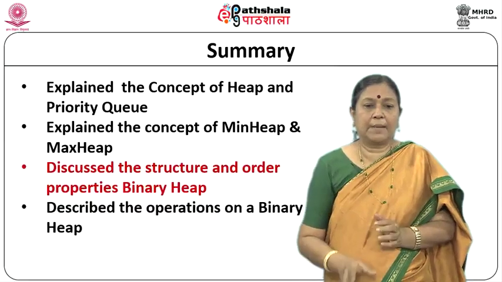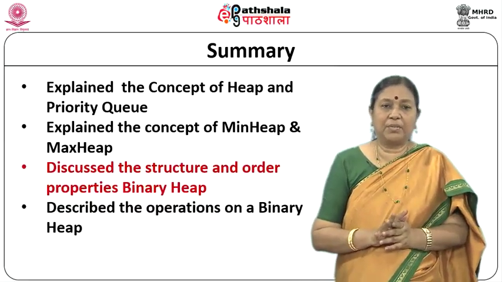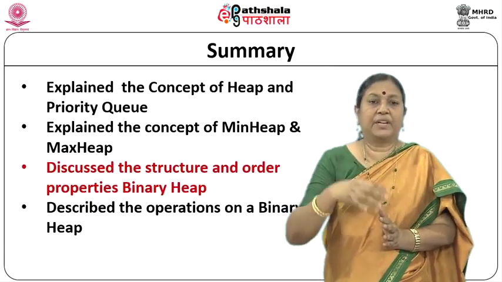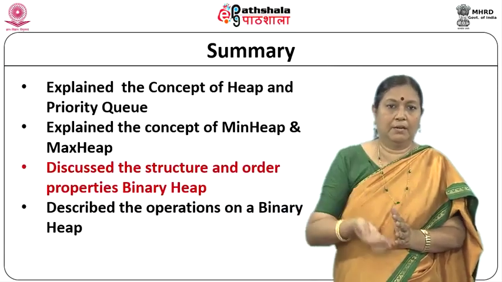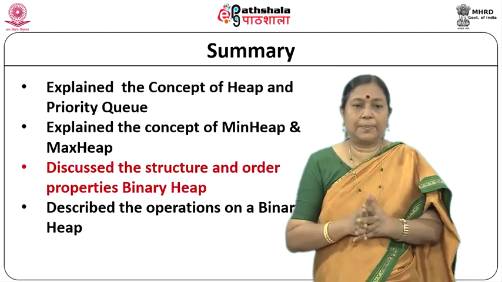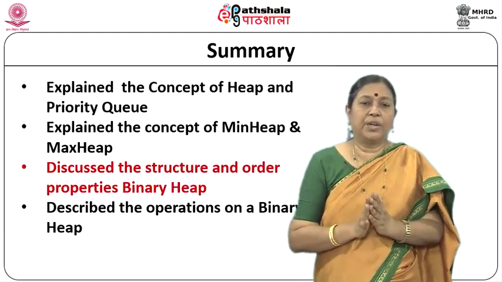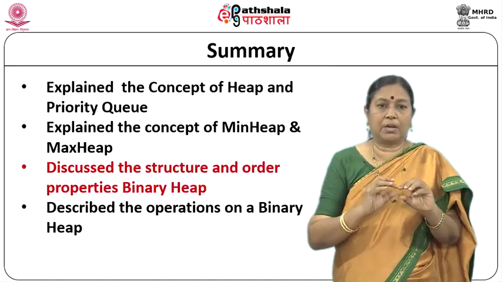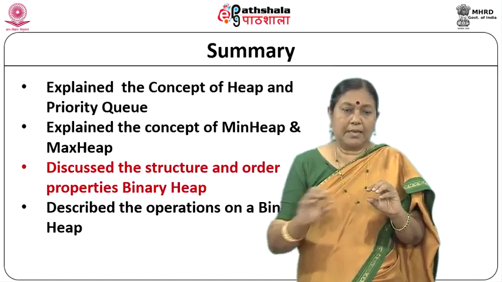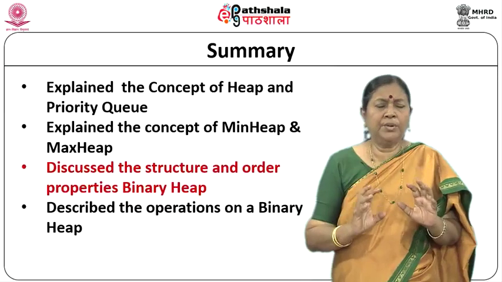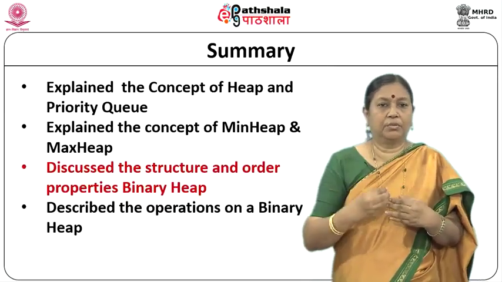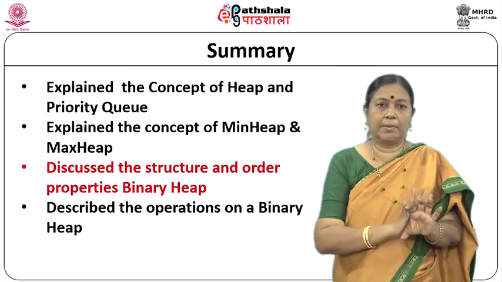And we also described the operations on a binary heap. We found that for the insertion operation we did a bubble up, and for a deletion operation we did a bubble down. And we also explained how we do sorting. If you want to sort in decreasing order, you use a min heap, and you take the root of the tree, which will be the minimum element.